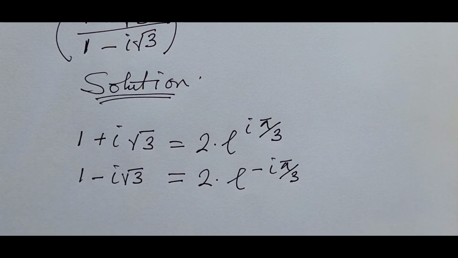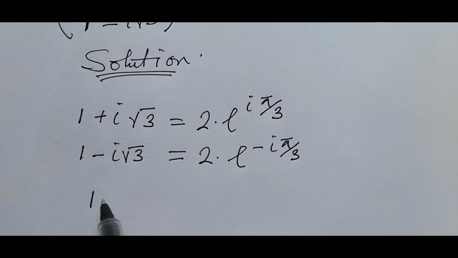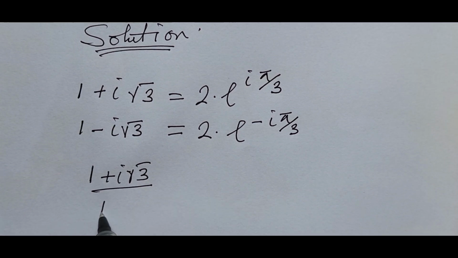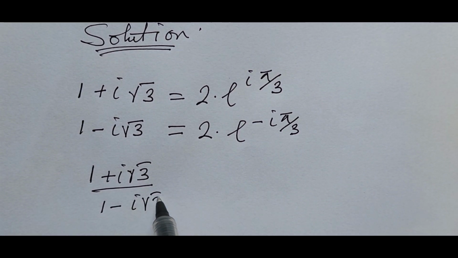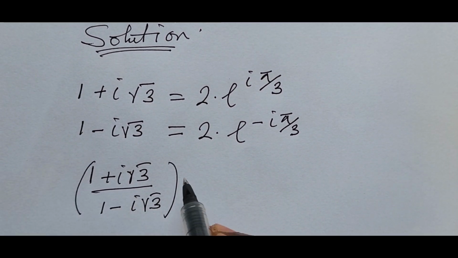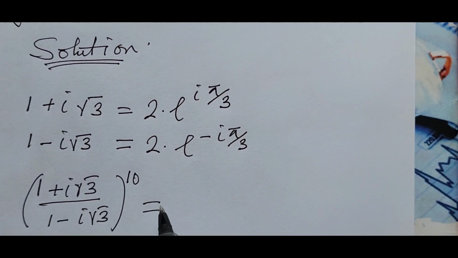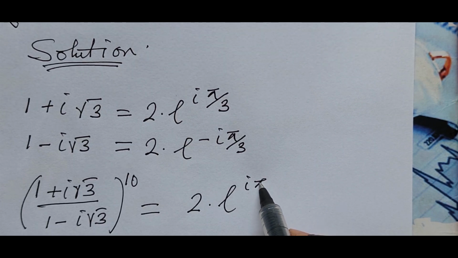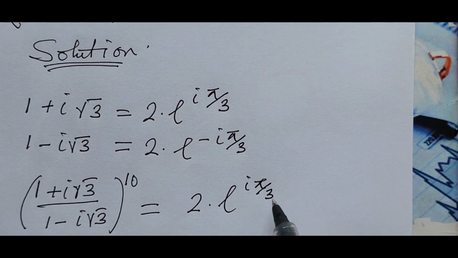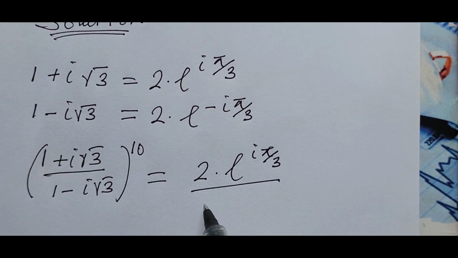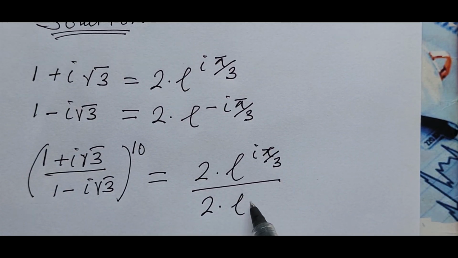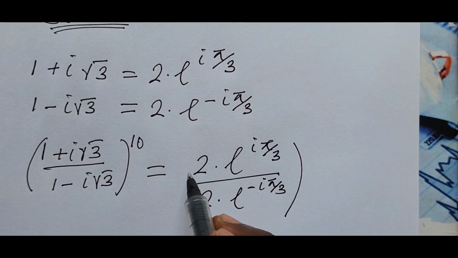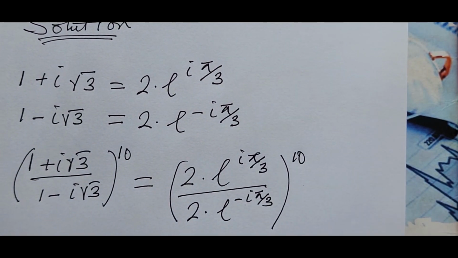And so we have 1 plus i root 3 all over 1 minus i root 3, everything raised to the power of 10, will in turn give us 2 times e raised to the power of i pi all over 3, all over 2 times e raised to the power of minus i pi all over 3, all raised to the power of 10.